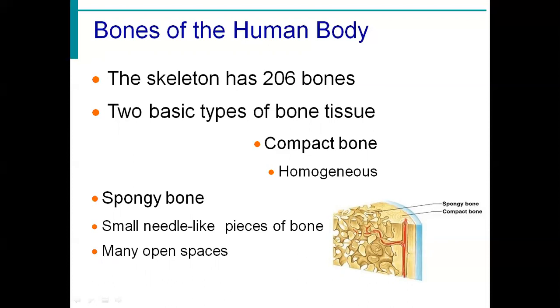Homogeneous means the components of the bone particles are continuous, present all over the part, whereas spongy bone is porous and forms small needle-like pieces within the area. It forms several open spaces, cavitations, through which blood vessels and materials, ions can move easily.